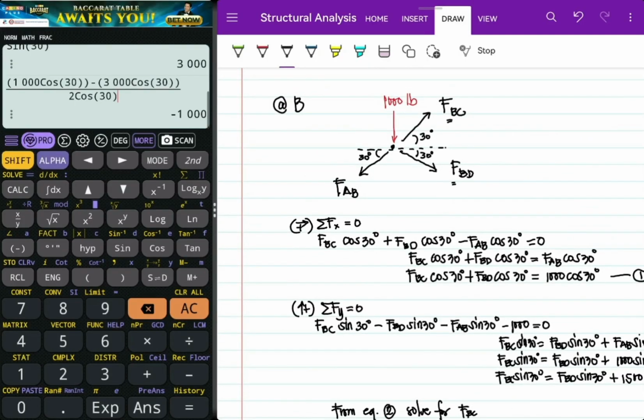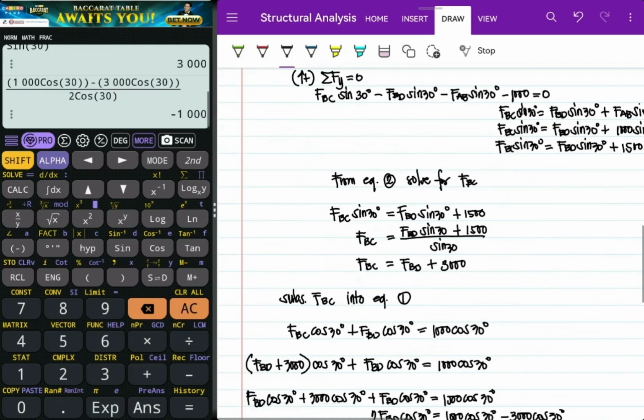So rather than tension, as we assumed, the correct answer is FBD is compression.